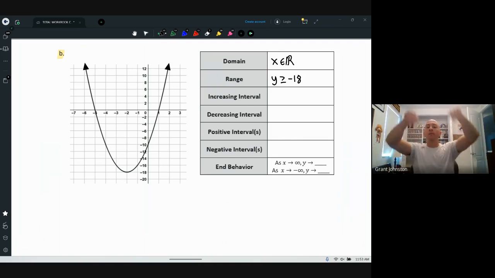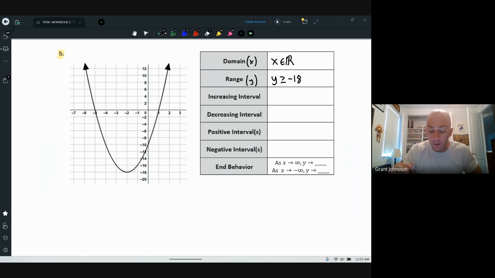But it's above -18, so all the possible y values would be greater than or equal to -18. And don't ever forget, domain is x, range is y. For all these other things, we're always looking at x.